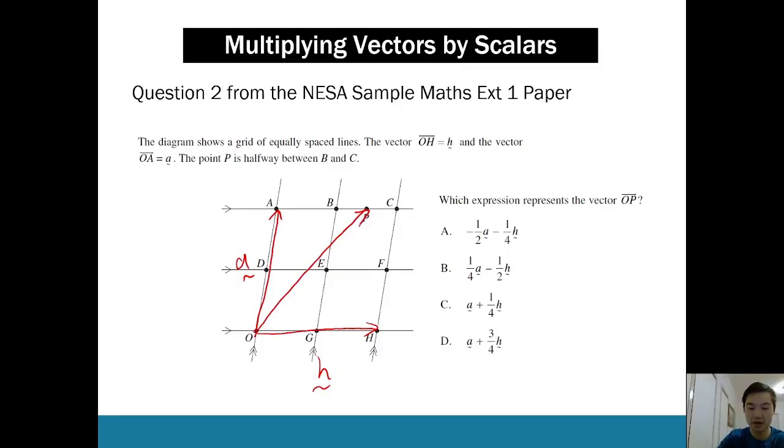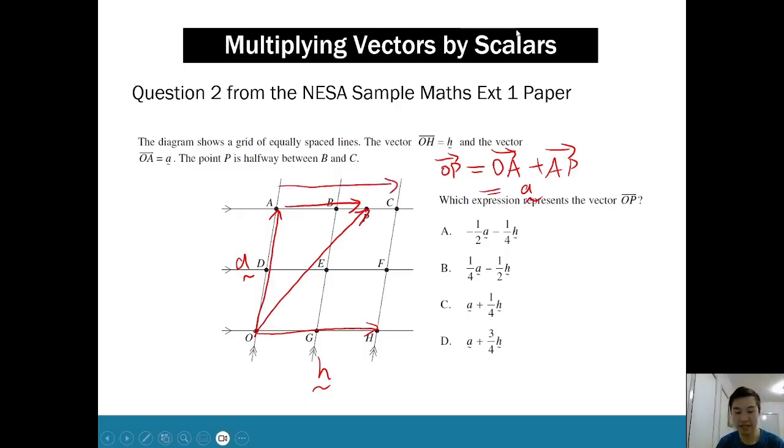So to do that, we have to add OA to AP. So we know that OP is what we get when we add OA with AP. Now here's the thing, we know that OA is already the vector A, but here, this AC is the same thing as OH.